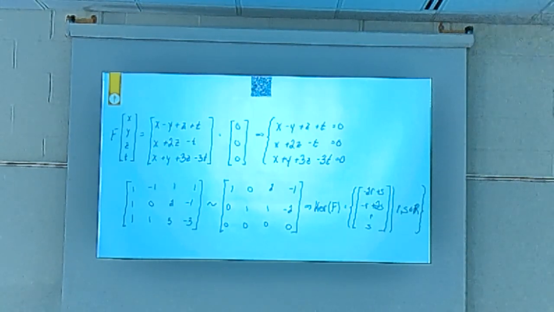Remember when we were finding the kernel of, not the kernel, I'm sorry, the null space of your matrix, and we want to find a basis? Do you remember how we did that? Your row is a linear combination of r and s, your free variables.